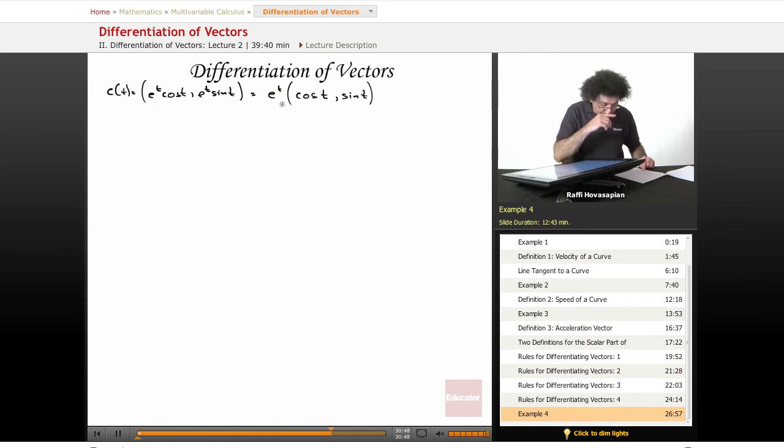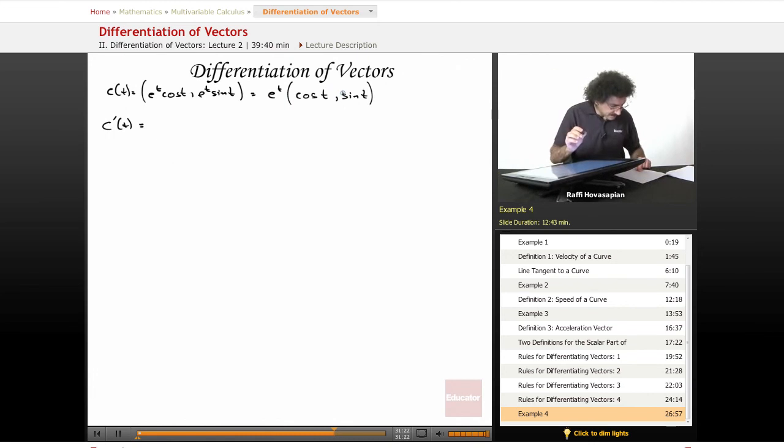Okay, now let's go ahead and take the c prime of t. Let's go ahead and take the derivative of this. So c prime of t, well, we said that it is going to equal this times the derivative of that plus that times the derivative of this, right? That was rule number 4. If I have a function times a vector, when I take the derivative of it, it's just the normal standard derivative: 1 times the derivative of the other plus 1 times the derivative of the other.